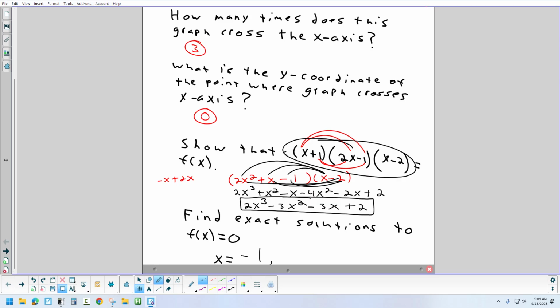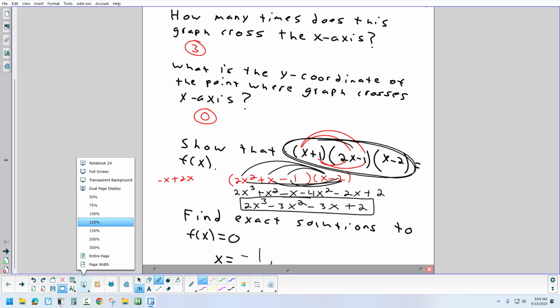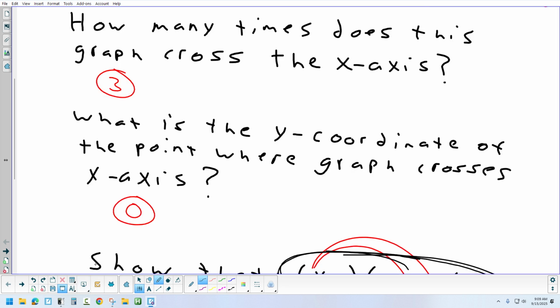Now, without using the calculator, can anybody look at this and see if they can tell me where those other zeros are going to come from? There's 2 more. Yep, Marcelo? Whatever in the parentheses, if you make that equal 0, the whole thing's going to be 0.